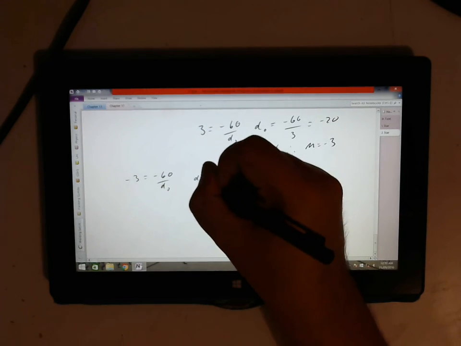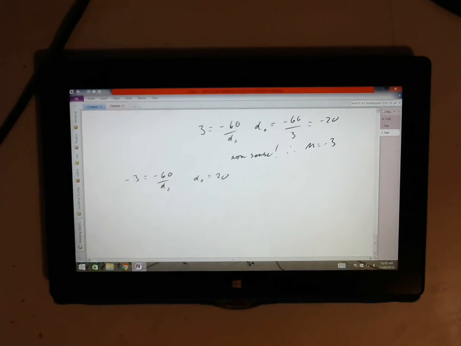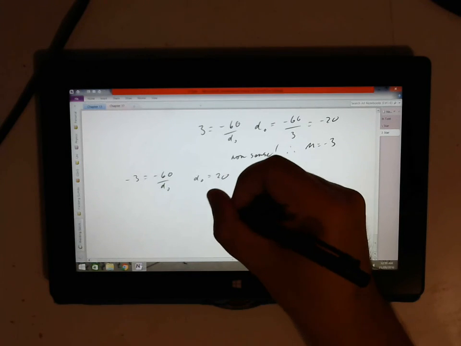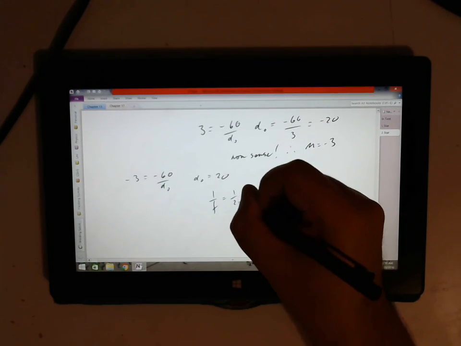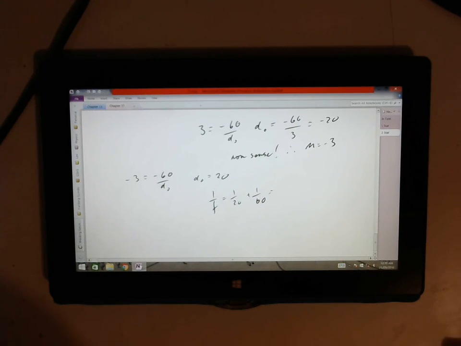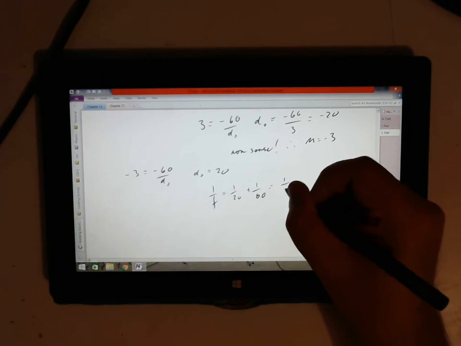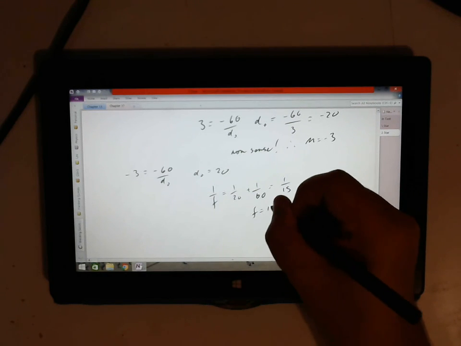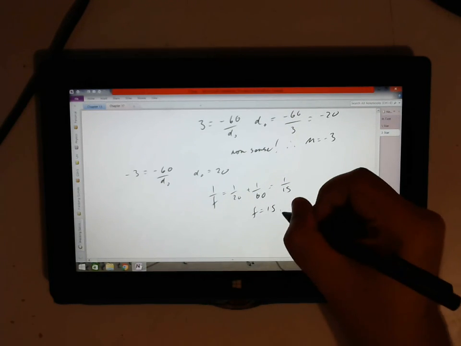So dO will equal 20. And then we have 1 over f equals 1 over 20 plus 1 over 60. So that equals 1 over 15, and f equals 15 centimeters.